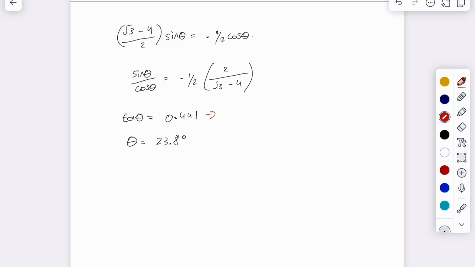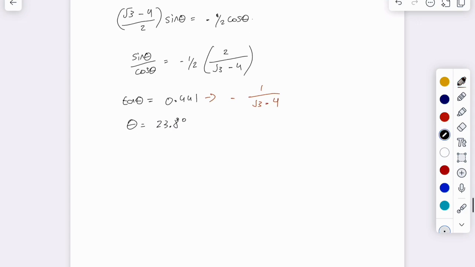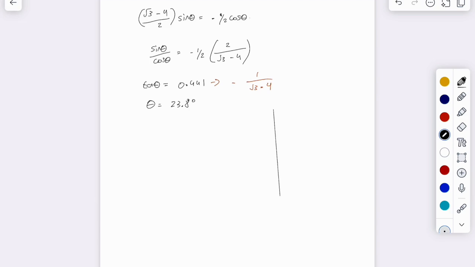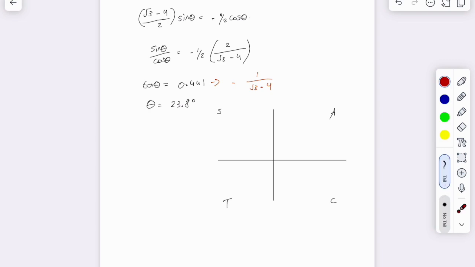But 0.441 is negative 1 over root 3 minus 4, right? So tan is positive. Therefore, if we go to our CAST diagram, tan is positive here and here.